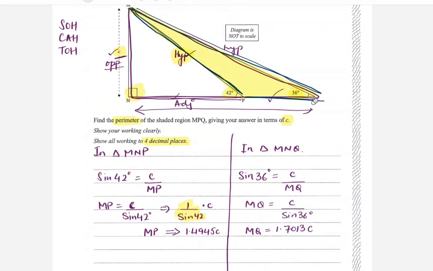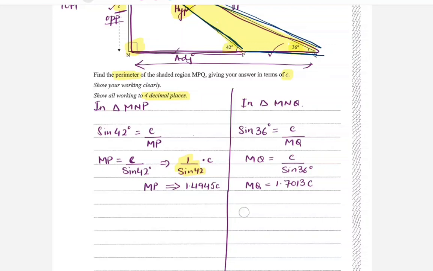Let's see what angle we can use. So we have adjacent and opposite, right? So opposite and adjacent is tan. So we can use tan, we can use cos if we want. Let's use tan. So that is going to be tan 36 degrees. Tan 36 degrees is equal to opposite, which is C, over adjacent, which is NQ, the total length.